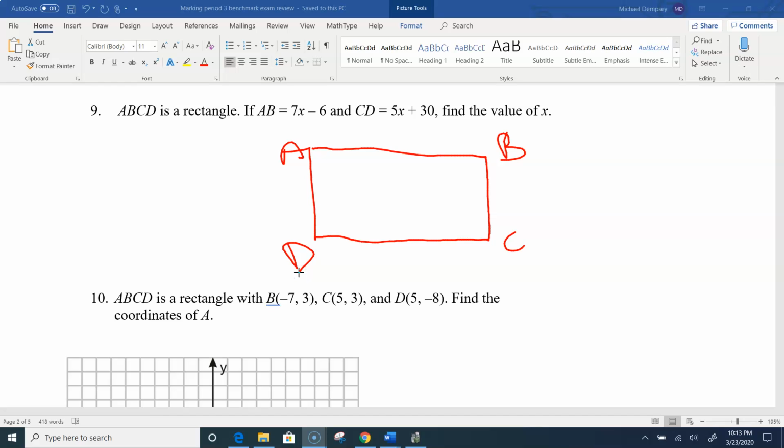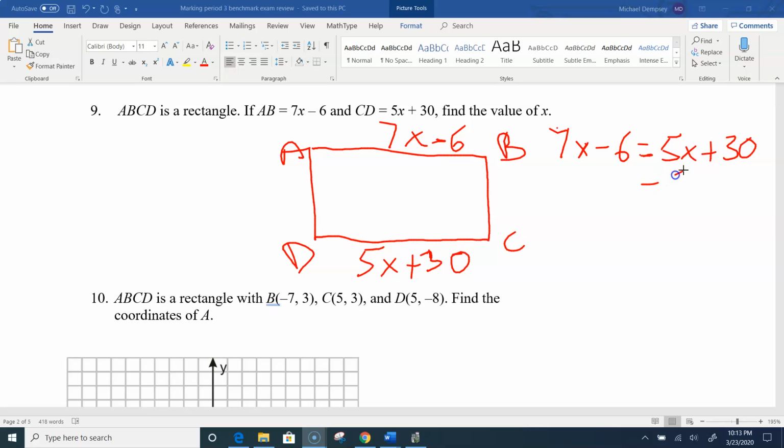They tell me that AB is 7x minus 6, and they tell me that CD is 5x plus 30. So what I can do here is take those opposite sides of the rectangle and set them equal to each other. So 7x minus 6 equals 5x plus 30.